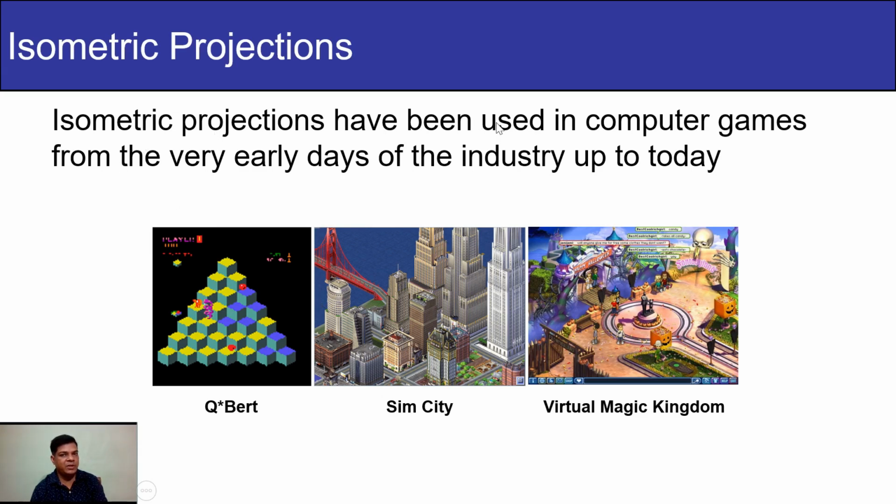Isometric projections have been used in computer games from the very early days of the industry up to today. These are various images displayed by using isometric projection.